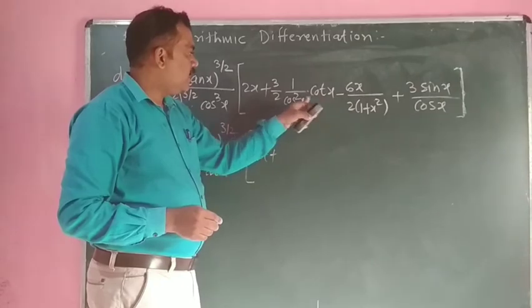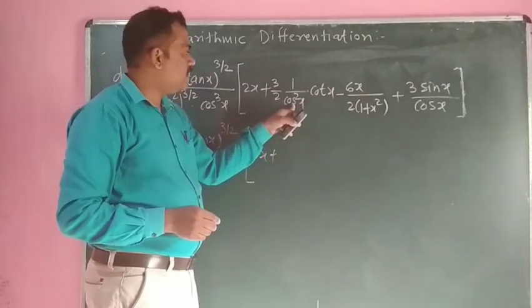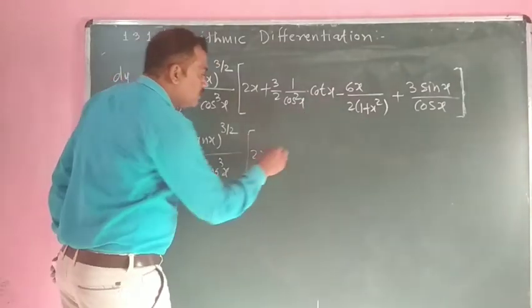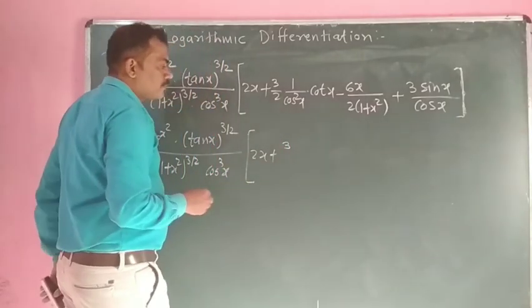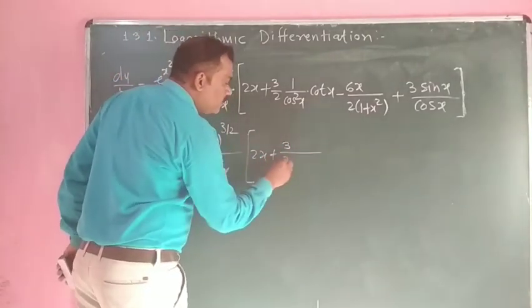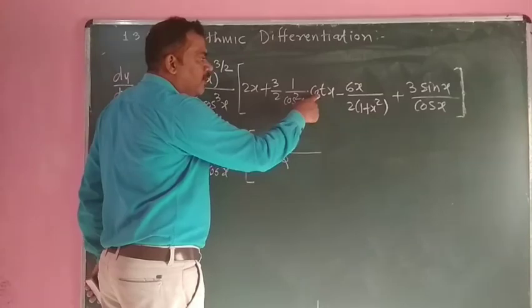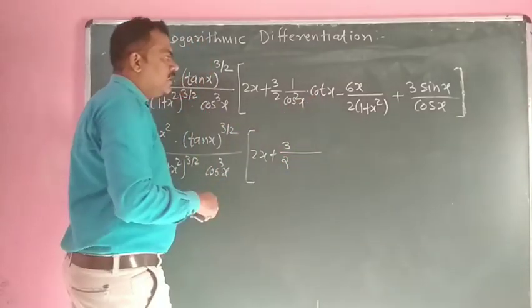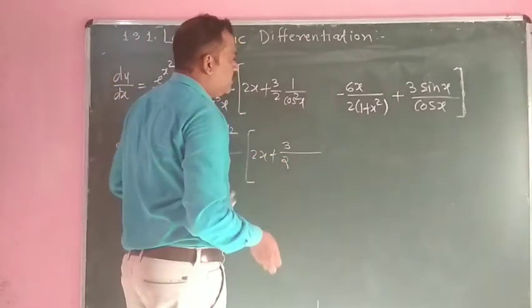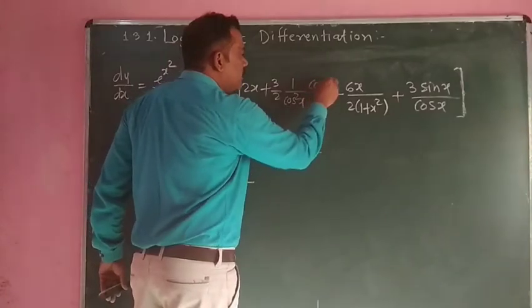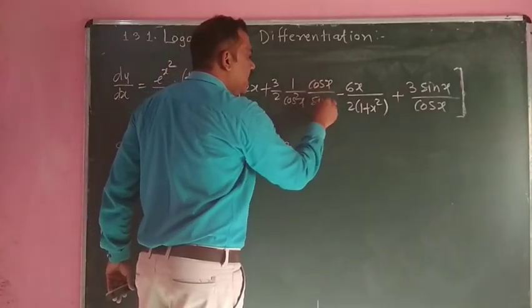Cos upon sine, here one cos gets cancelled, so that what we have to get, 3 divided by 2 times cot x, which is nothing but cos x divided by sin x. We can write here cot x is nothing but cos of x divided by sin of x.